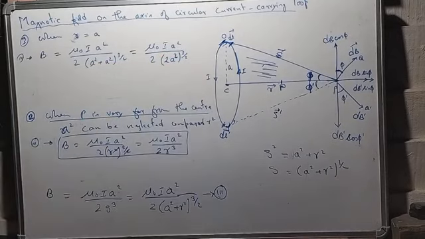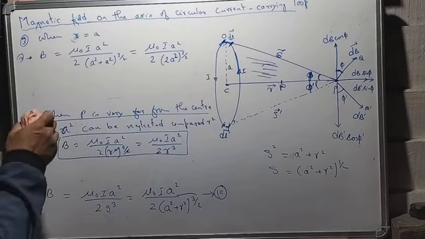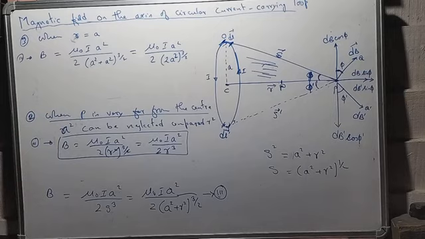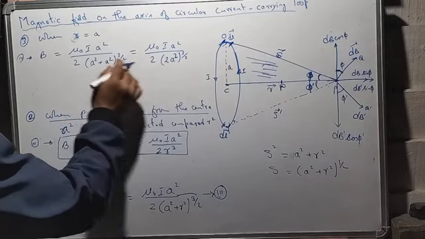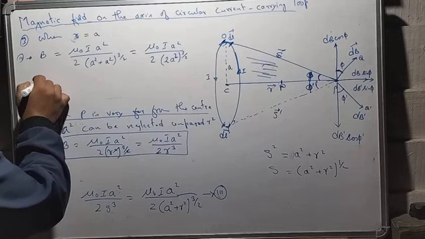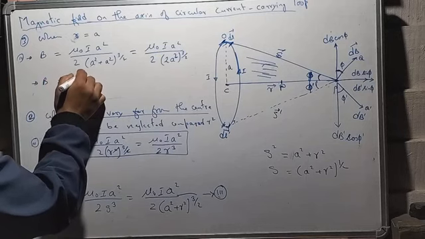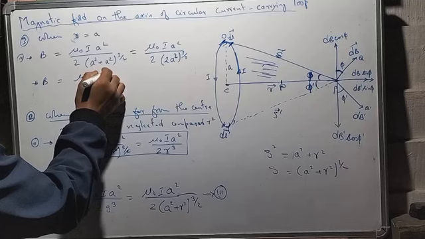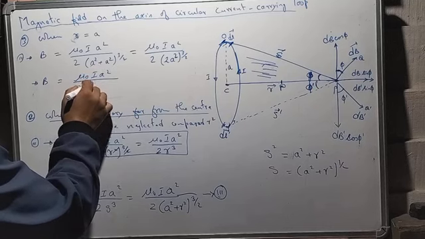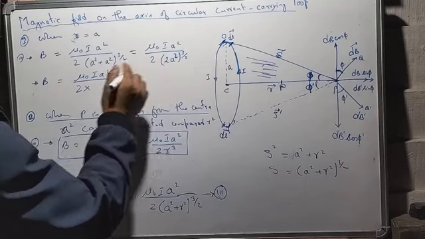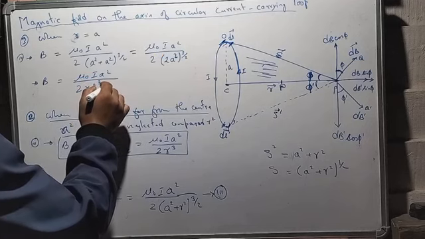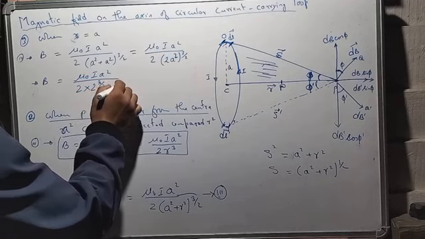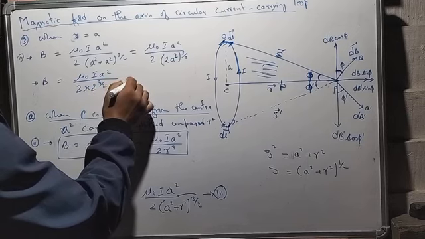Now what I have to do here is take the power of the number in the bracket, which means I will get B equal to mu naught I a square upon 2 times 2 to the power 3 by 2, times a square to the power 3 by 2.